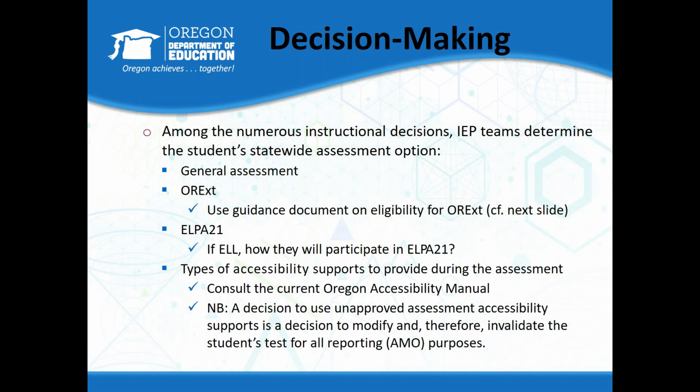So consulting the Oregon Accessibility Manual, noting that a decision to use unapproved assessment accessibility supports is a decision to modify and therefore invalidate the student's test for all reporting or accountability purposes. And that applies to all the statewide assessments, including the Oregon Extended Assessment.